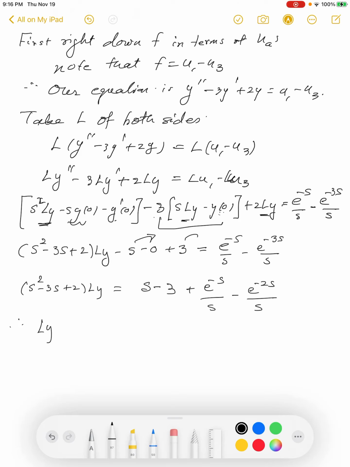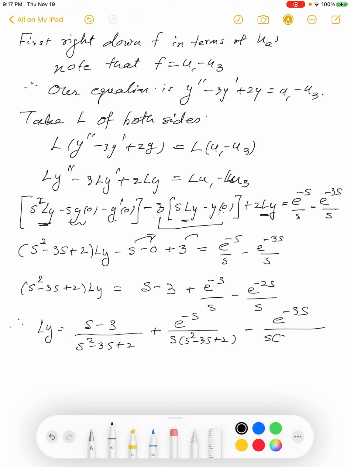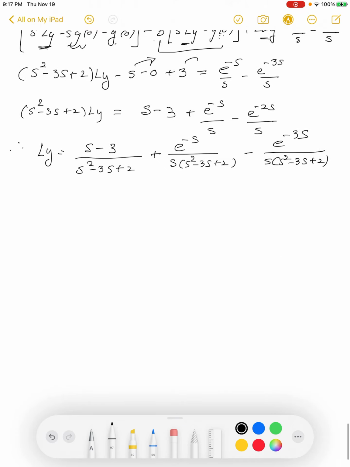So therefore, L y is going to be, I will divide the right hand side by this, s squared minus 3s plus 2: s minus 3 by that, plus e to the minus s over s times s squared minus 3s plus 2, minus e to the minus 3s over s times s squared minus 3s plus 2. Now this is going to test everything that we have done so far, reading of the inverse transform. So y, our solution, will be L inverse of s minus 3.